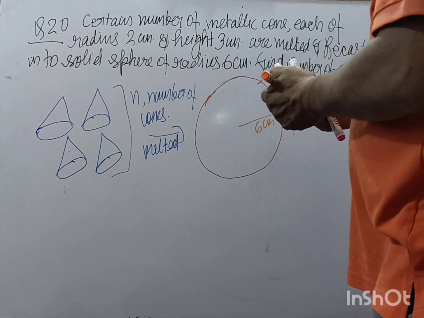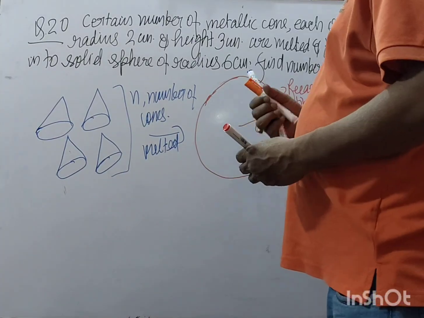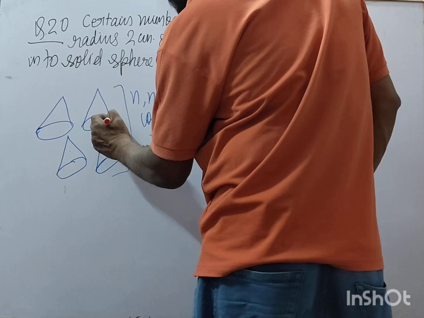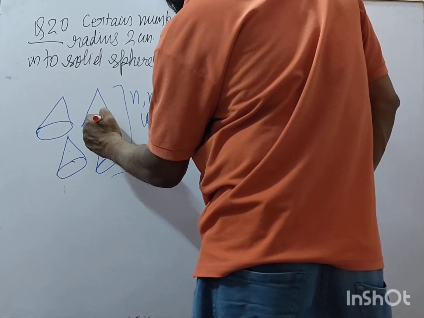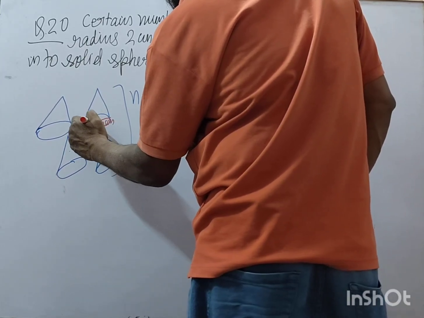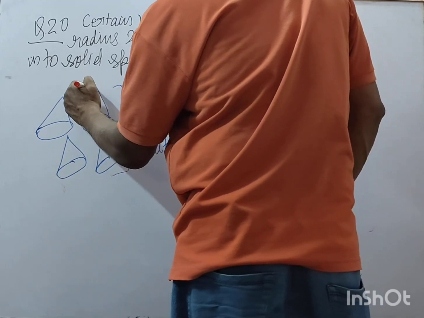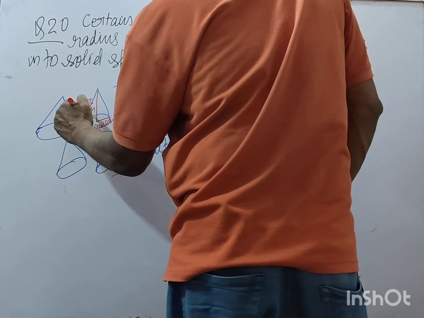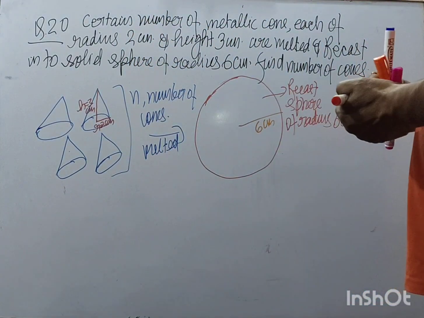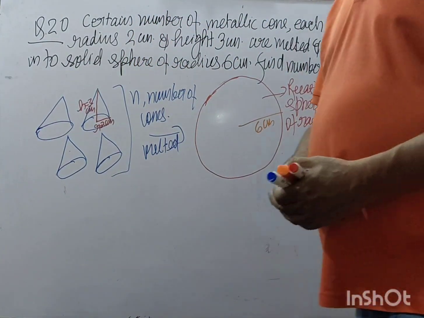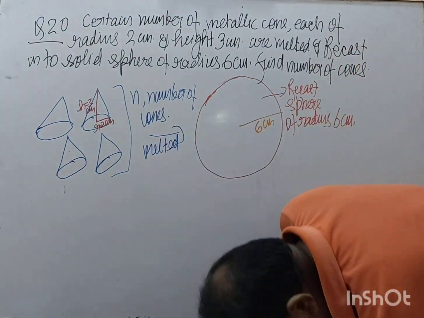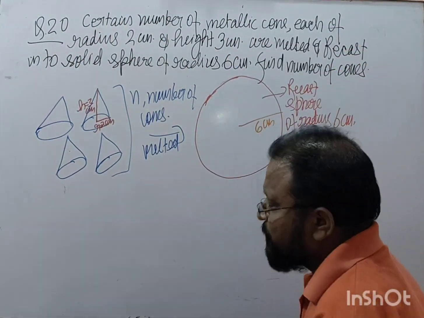And the cones have radius 2 centimeter and height 3 centimeter. So volume of sphere is equal to n into volume of cone.